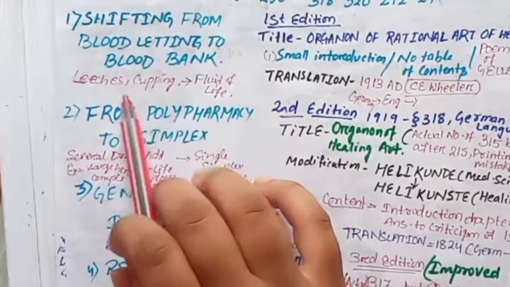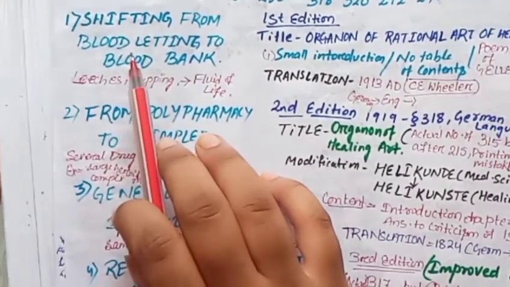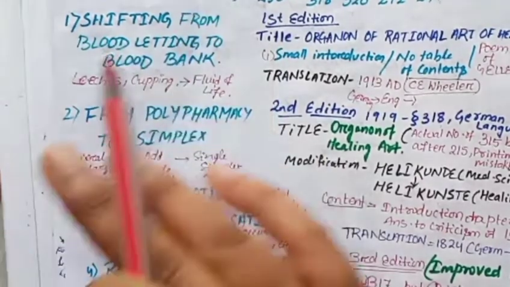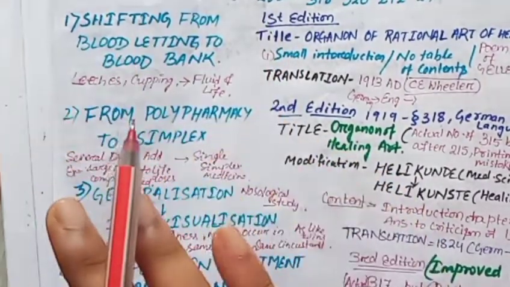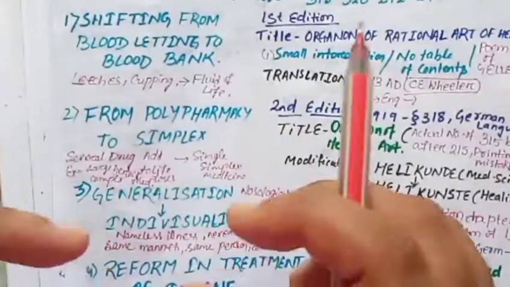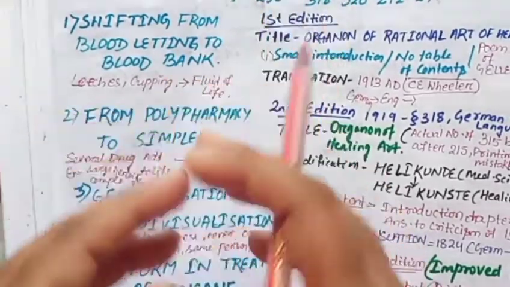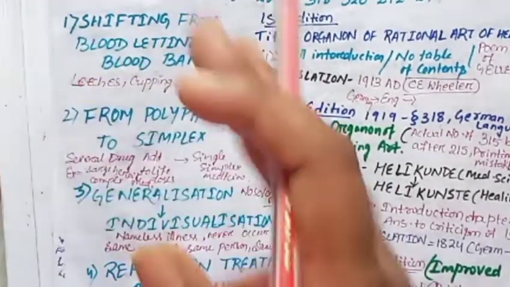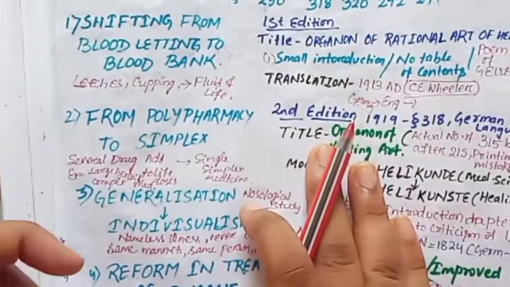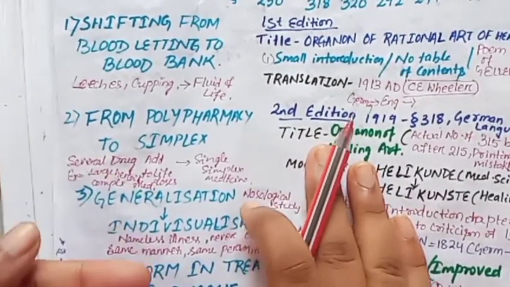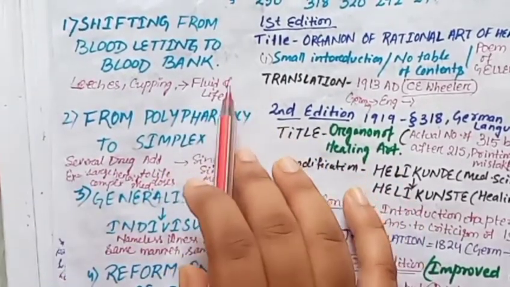That is why this false method was completely discarded by Dr. Hahnemann, who stated that blood is the fluid of life. It maintains the homeostasis in the body. These were the first things which he explained.